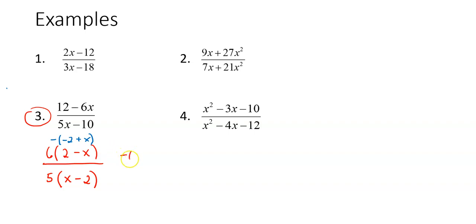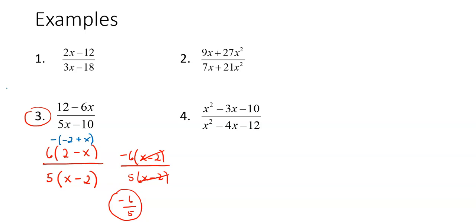Then I would get negative 6 times x minus 2 on the top, and on the bottom I would get 5 times x minus 2. Now the x minus 2's are common factors that cancel top and bottom, and I get negative 6/5. So if you get a factor that's close, but the signs are both off, pull out a negative 1, and that'll solve your problem.